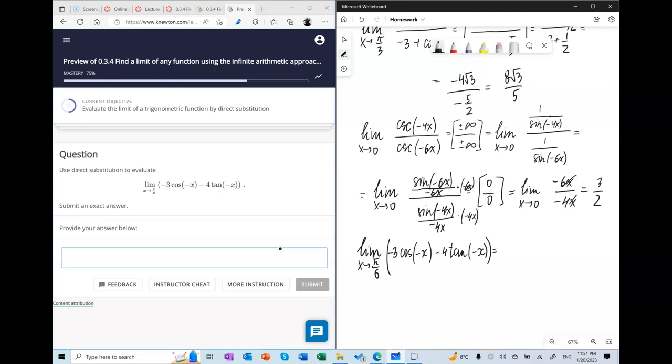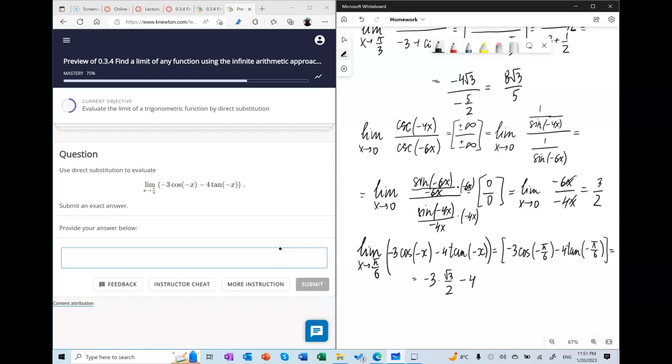Executing the idea still could be hard, but we do throw the pi over 6 inside, and the feeling here is that the function should be continuous at that value. So all we have to do is just simply evaluate the function. So cosine of negative pi over 6 is root 3 over 2.